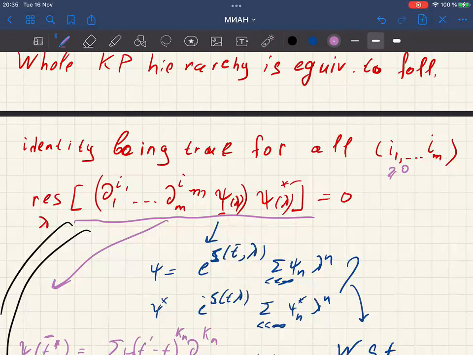So what do you know about properties? Why do you think that these coefficients or equations or functions, the Baker-Akhiezer functions, obey these properties?